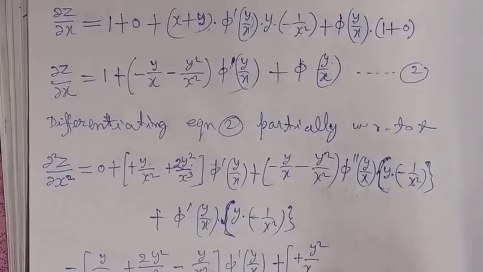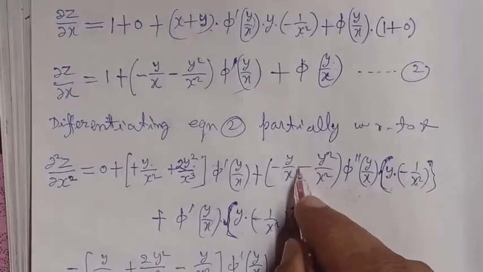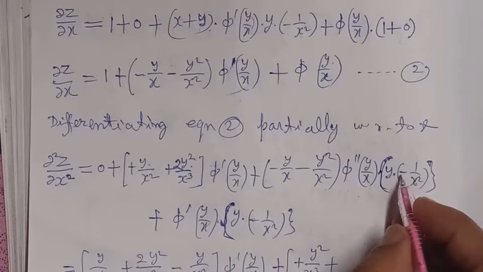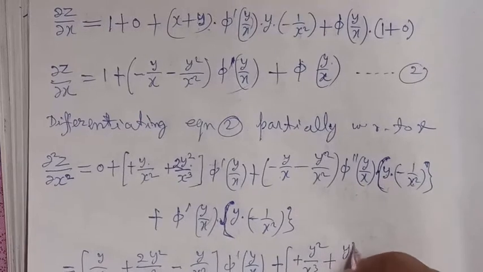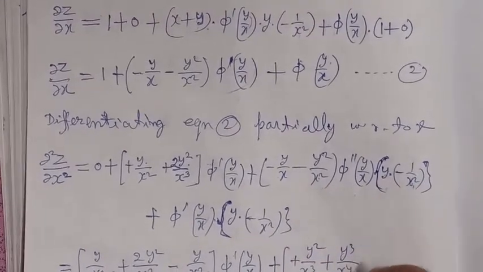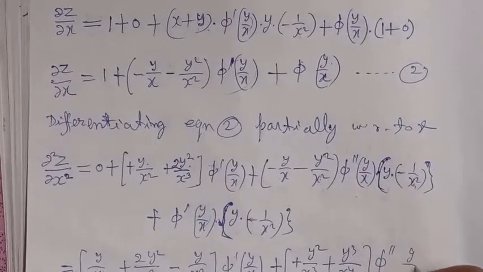So I write here x cube. When this value is multiplied to this, this sign converts to plus, because it is a minus sign, and y square multiplied by this y becomes y cube, and x square multiplied by x square becomes x to the power 4, and I write this value y double dash y upon x.